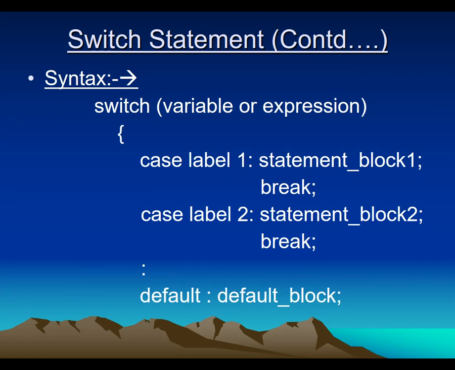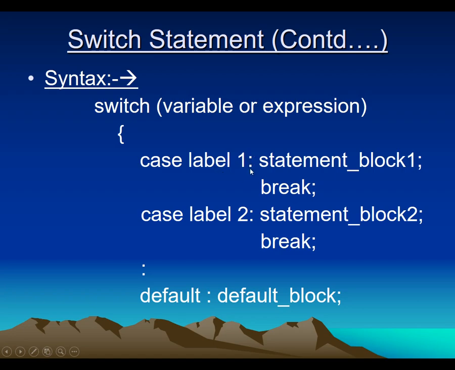This is the syntax of the switch statement. Switch is the keyword for writing this statement. Then in the brackets we have to mention the variable or expression. Then there is an opening bracket and a closing bracket. Here the closing bracket is not mentioned, but it's there. After the opening there is a closing. Then another keyword is there, that is case, and the label of the case.